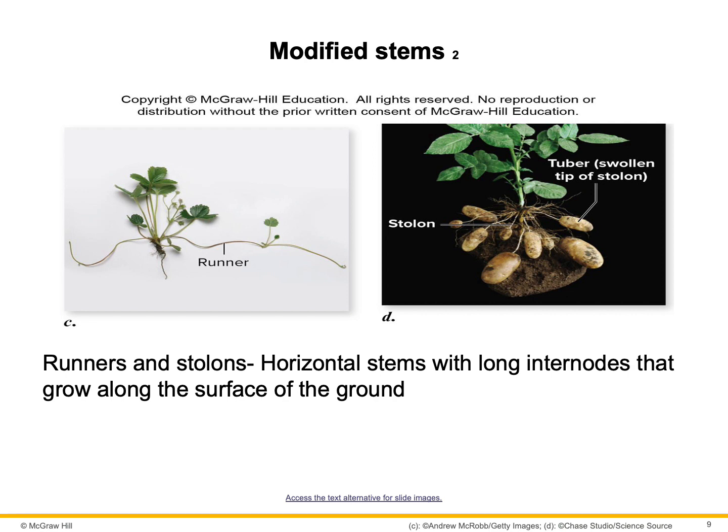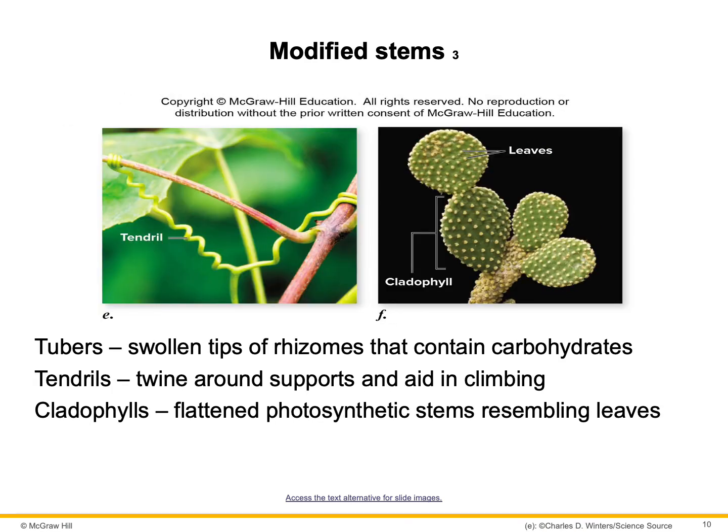And we also have a potato plant here, which is an example of a tuber. In potato plants, the carbohydrate accumulates at the tip of the rhizome, which swells and becomes a tuber. Rhizomes die after the tuber matures, and if you look at the potato, you see many eyes.